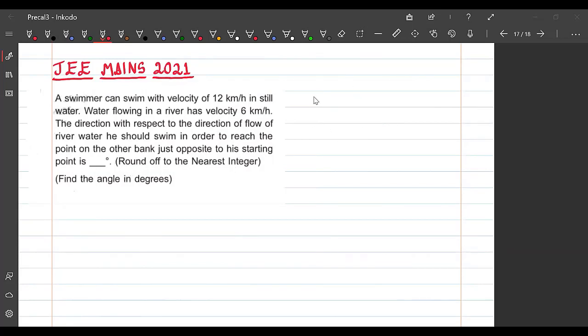So the relative velocity formula is: velocity of A with respect to B is equal to velocity of A with respect to C minus velocity of B with respect to C. In this case, we can write velocity of swimmer with respect to ground is equal to velocity of swimmer with respect to water minus velocity of ground with respect to water. You can modify this formula.